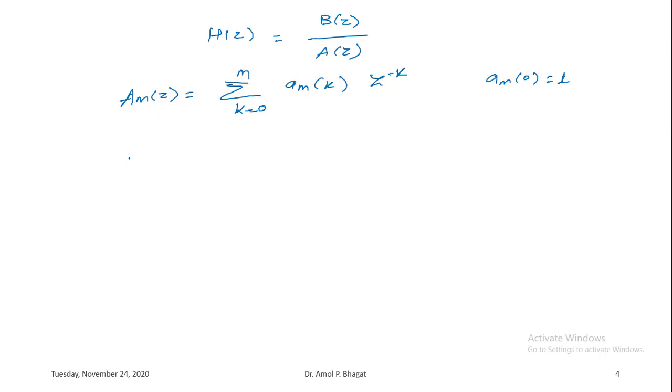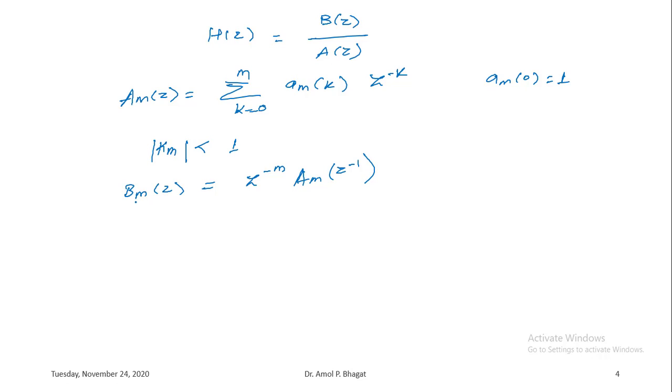From Am of z, we'll be identifying Km, and this mod Km should be less than 1. Then from Am of z, we can identify Bm of z. The equation for Bm of z is z to the power minus m multiplied by Am of z inverse.